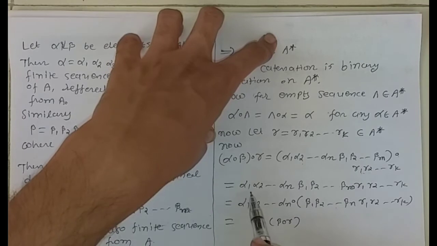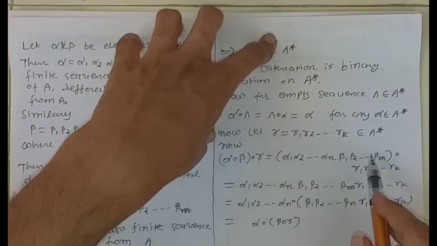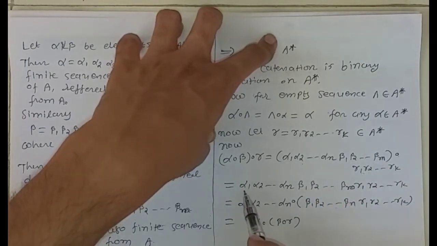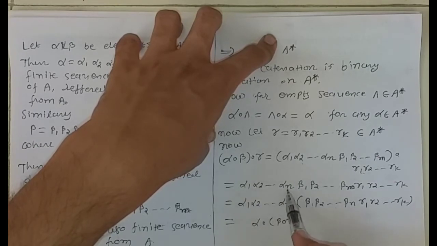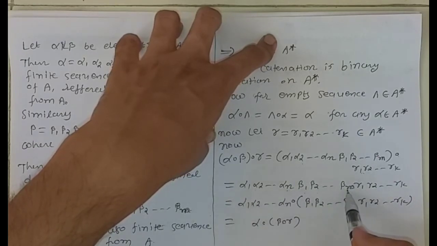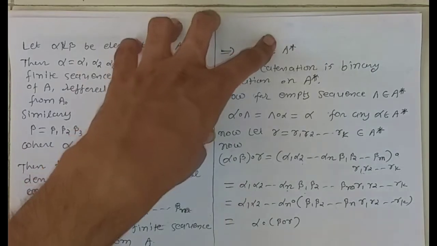So we get these symbols followed by gamma: alpha 1 alpha 2 up to alpha n, beta 1 beta 2 up to beta m, gamma 1 gamma 2 up to gamma k.